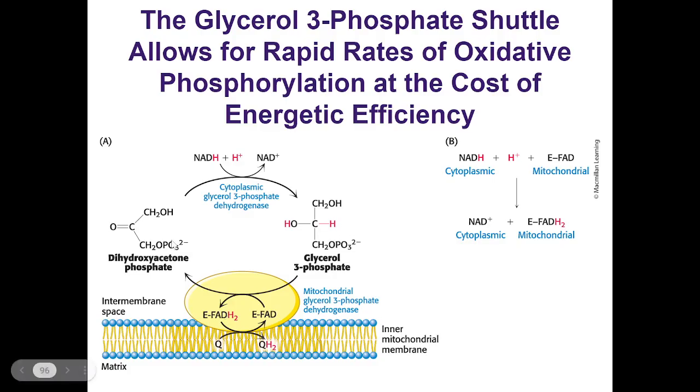This will then regenerate the dihydroxyacetone phosphate, which can come back to the cytoplasmic glycerol 3-phosphate dehydrogenase and do this again. Okay? You can think of it literally as payloads getting transferred from shuttle to shuttle. And the payload here is hydrogens, but more importantly, the electron density, the electrons that accompany them.